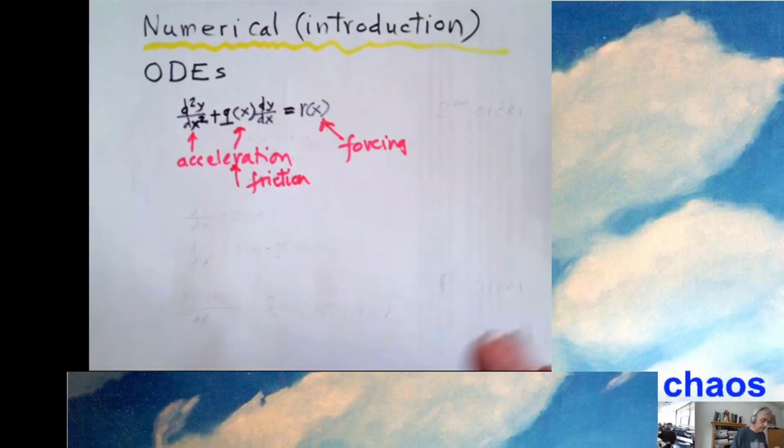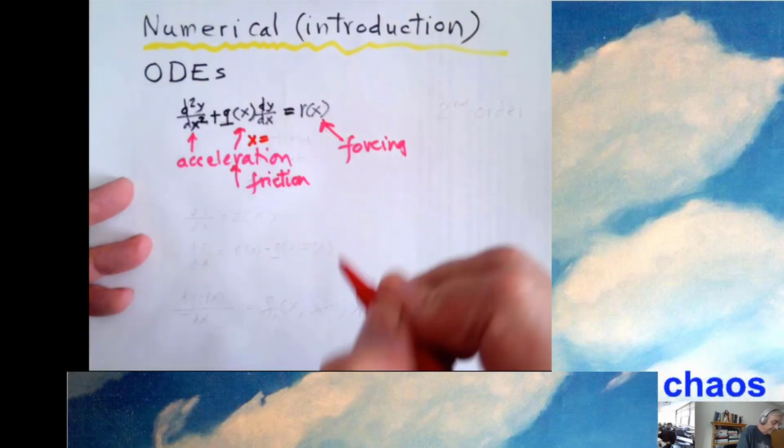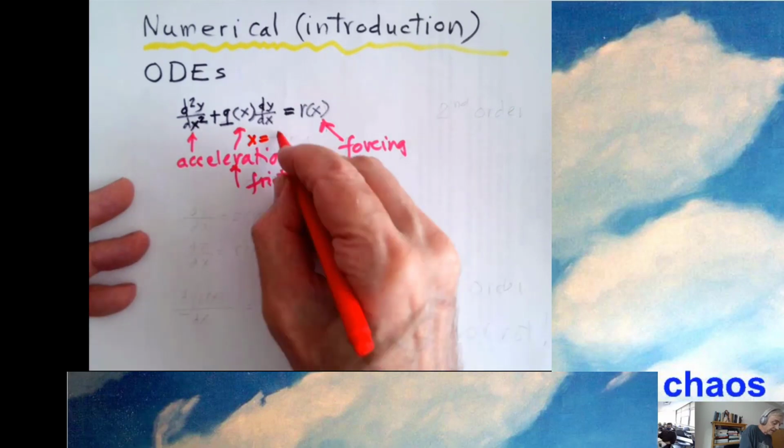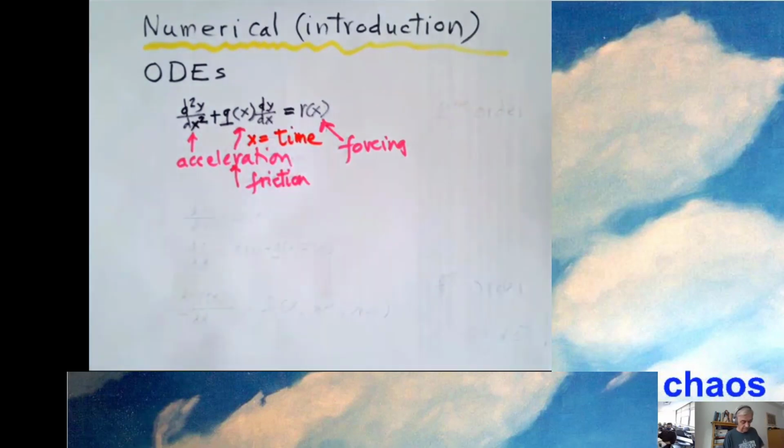And just to keep you on your toes, we will say that there is some variable x, which between you and me is actually time. But if you're an applied mathematician, or if you're a condensed matter physicist looking at a lattice, it might be really position in a space of your atoms in a lattice.